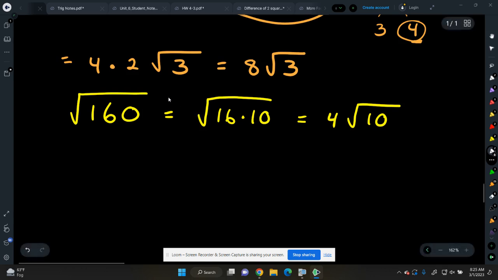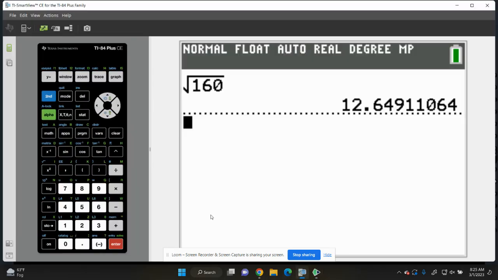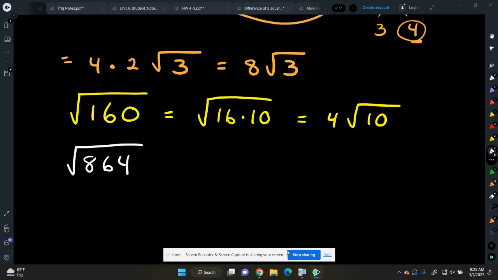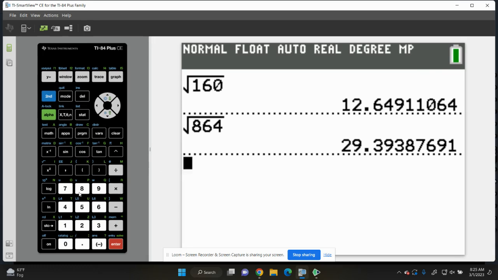Okay, square root of 864. Let's check that on our calculator. The square root of 864, and that is not a perfect square either. So we're going to rewrite it. Let's see, what do you want to try? I want to try 16 again? 864 divided by 16. 54.